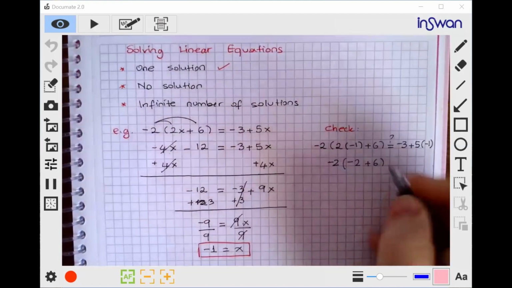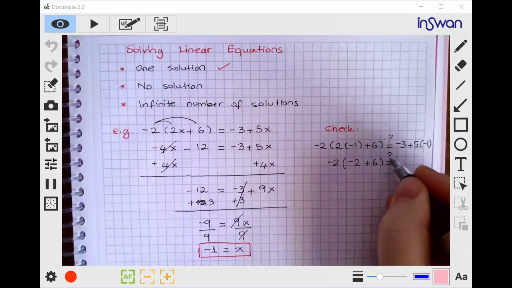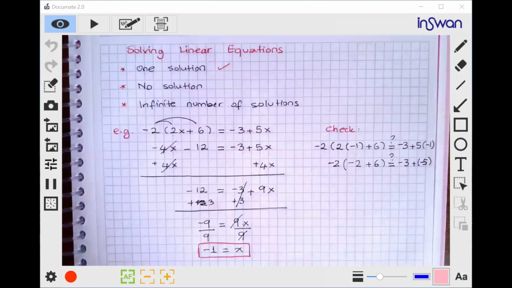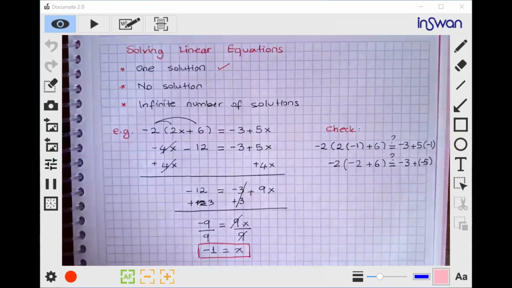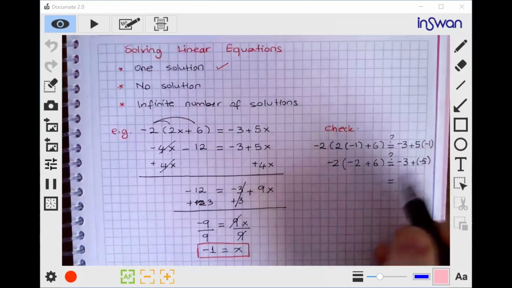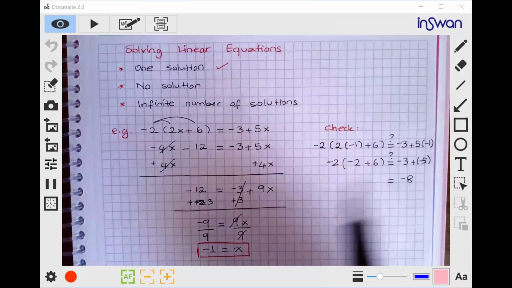Let's just copy this down. Is that equal to negative 3 plus 5 times negative 1, which equals negative 5? Negative 3 plus negative 5 equals negative 8.